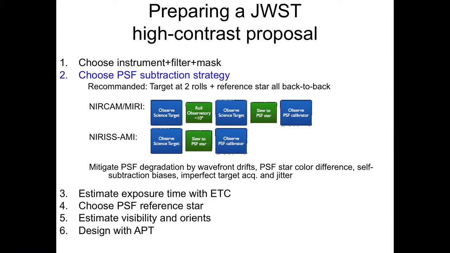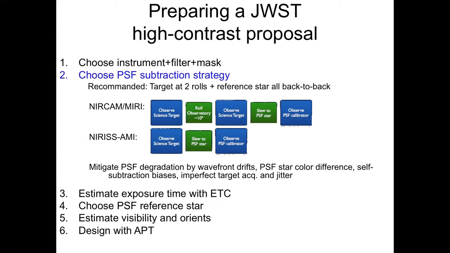So the advantage of doing a roll was proved with the HST, so it was very efficient to mitigate the detector artifacts and to reduce that noise at a given reference state of the observatory.